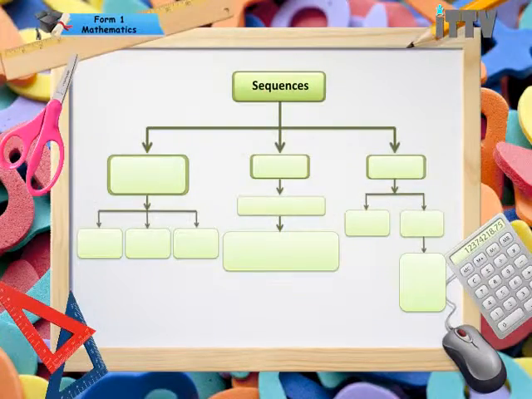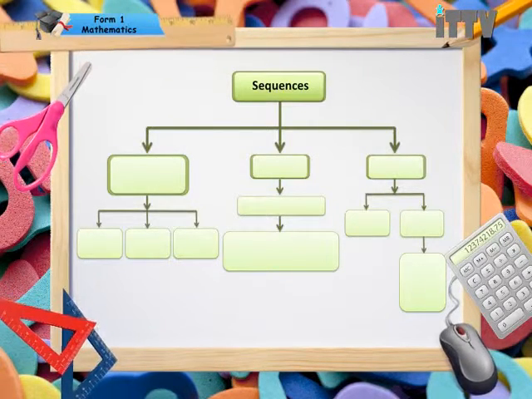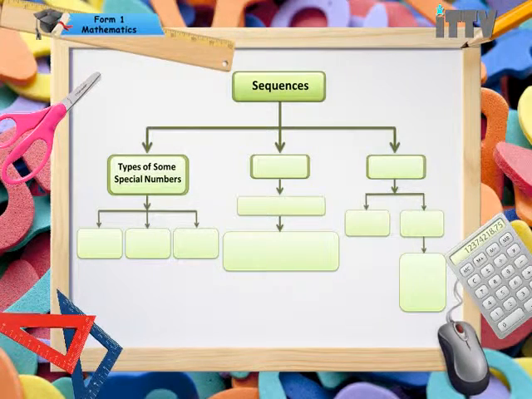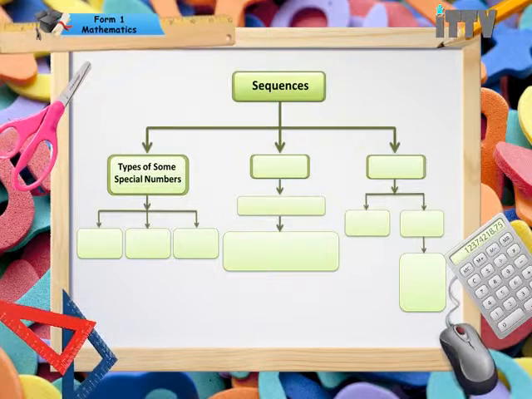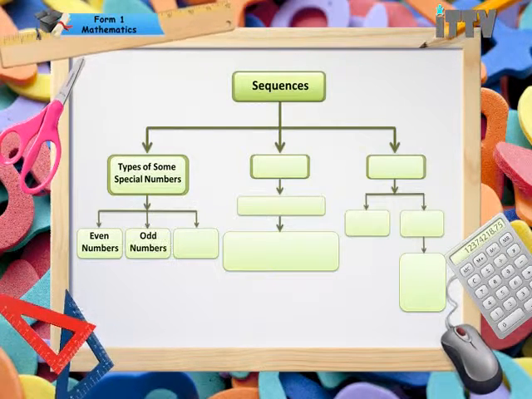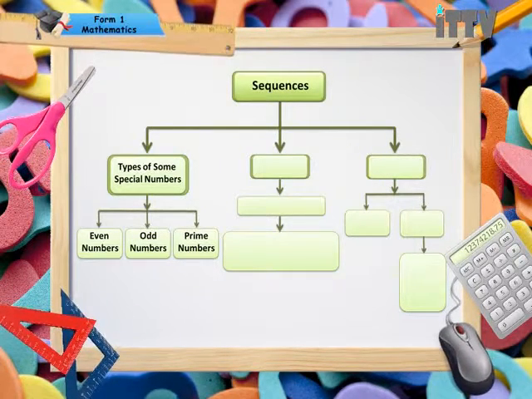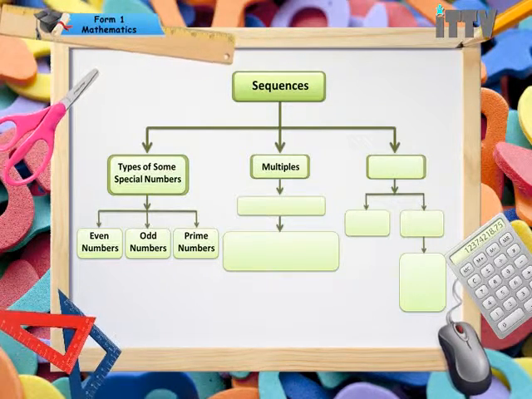With that, dear students, let's take a look at a summary of this chapter. In this chapter, we first taught you types of some special numbers. And in that, we saw even numbers, odd numbers, and prime numbers. Next, we also taught you multiples.